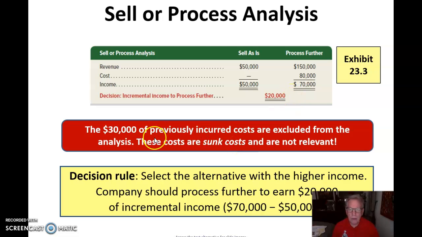These $30,000 of previously incurred costs are not relevant. They are sunk costs, not relevant. Okay, we want to select the alternative with the higher income. Should we process it further and earn 20,000 of incremental income? We should.